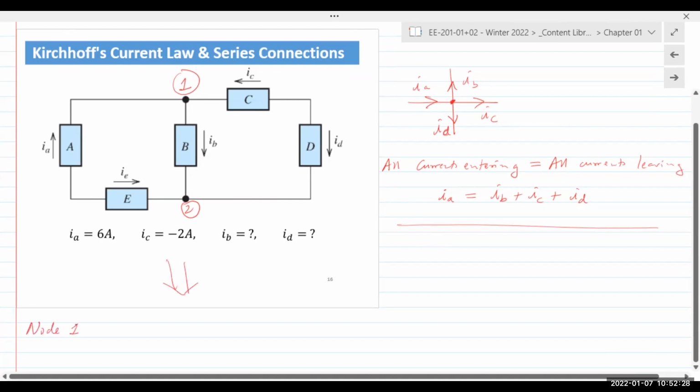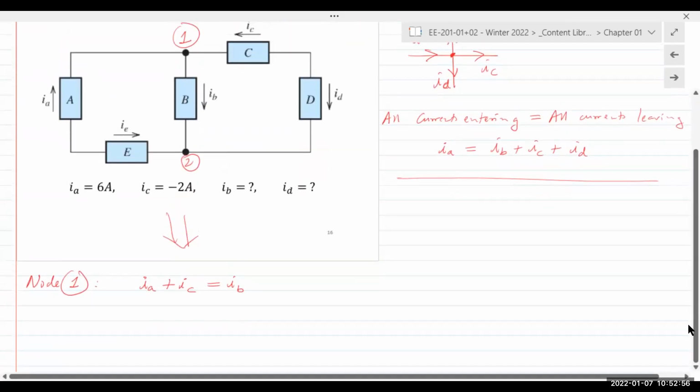At junction 1, if I write my KCL, I have IA entering the junction, then I have IC entering the junction, and IB is leaving the junction. And so that goes on the right-hand side of the equation, and IB is equal to IA plus IC.